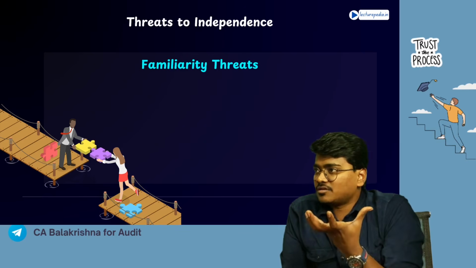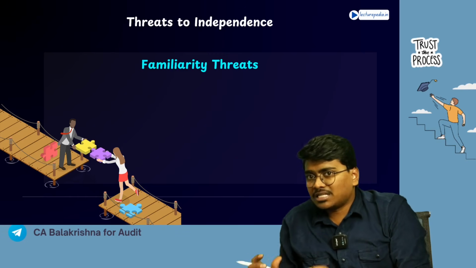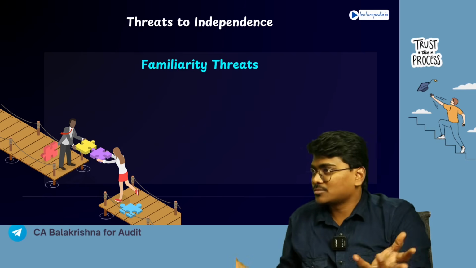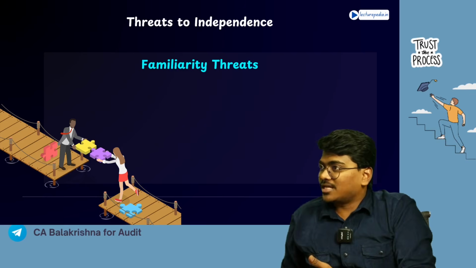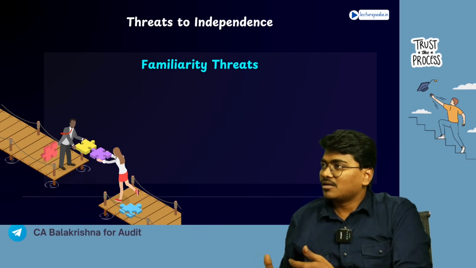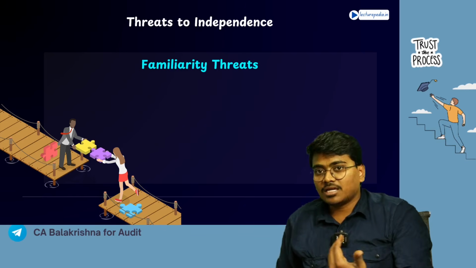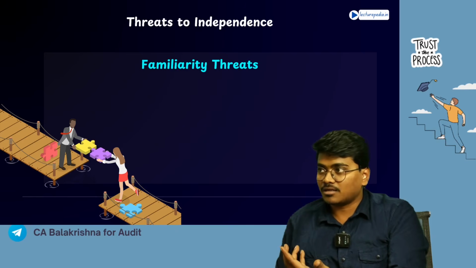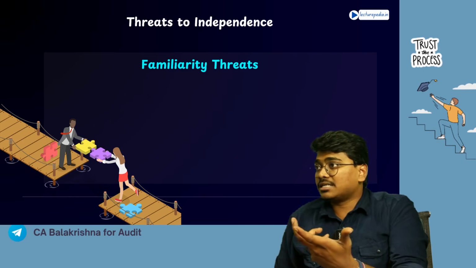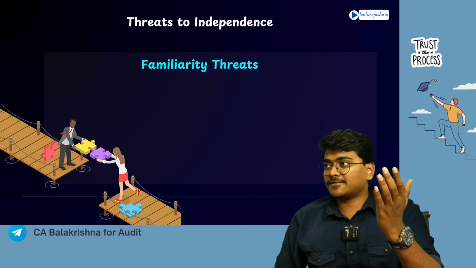If you know a person for a long time, whatever wrongs he commits, you will consider them as good only. Even though the person is a criminal, if he is your friend, you will not feel that he is committing wrong, if you have developed a relationship with that person, right? So this long relationship between auditor and client can create a familiarity threat. Got it?